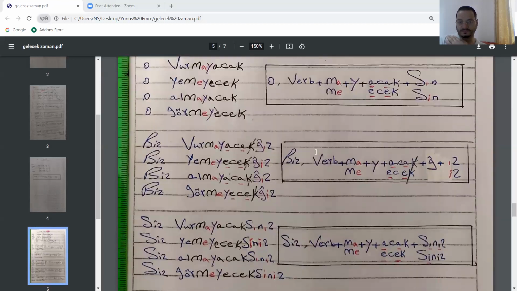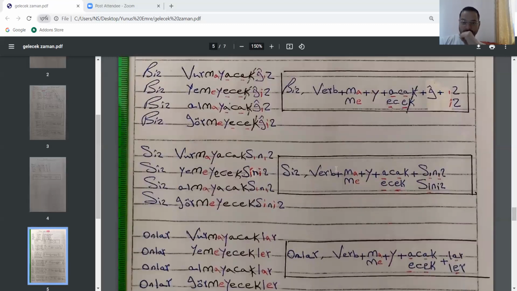Biz, this form, verb plus ma, me, has some similarity with ben. We must put y here. And k will convert to ğ, and delta z. To be: vurmayacağız, yemeyeceğiz, almayacağız, görmeyeceğiz. We will not see, we will not take, we will not eat, we will not hit.